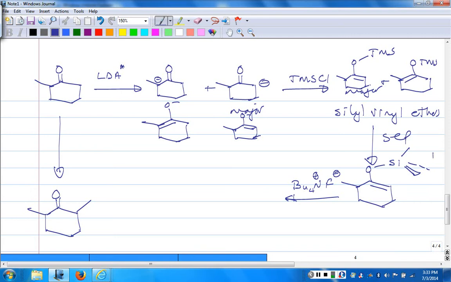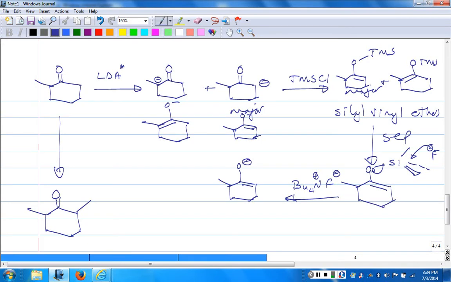But even stronger than the oxygen-silicon bond is the fluorine-silicon bond. So fluoride of tetrabutylammonium fluoride attacks the silyl vinyl ether and regenerates the enolate. And this should be very familiar to you guys. This is essentially a masking, unmasking, right? Or protection, deprotection deal.